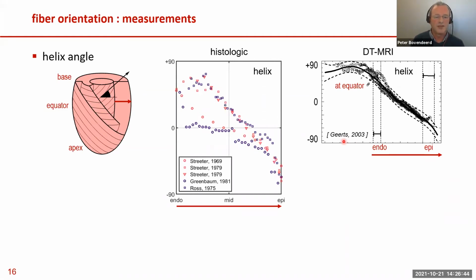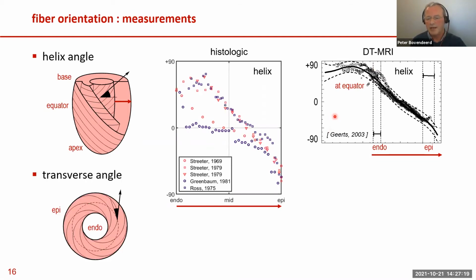She used diffusion tensor imaging, and she got a similar pattern. The spread in these measurements is lower than in the histological measurements, but still there's quite some variation in the measurements. What you can see also is that, whereas here it's suggested that the inner wall is quite smooth, actually it isn't. And we saw that in these nice pictures that we saw before. So the location of the inner wall is not so very well defined.